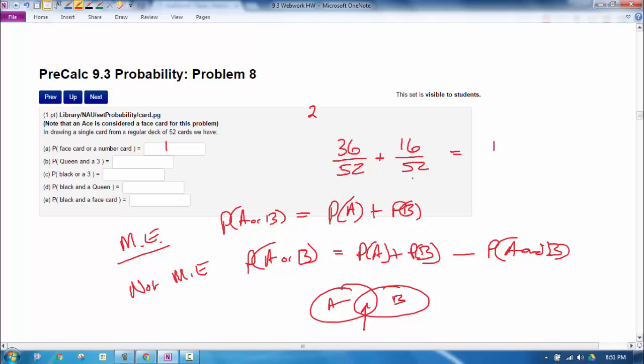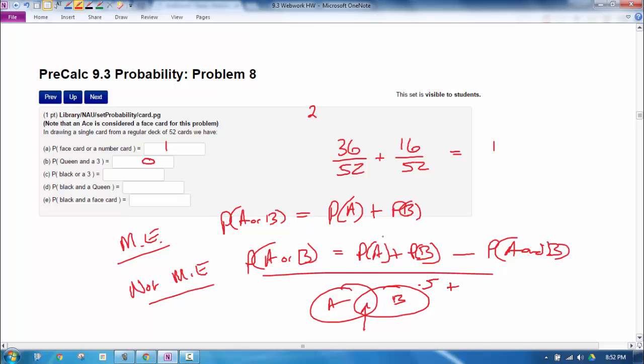And if you think about it, the probability that it's a queen and a 3, well, there are no queens that are also 3, so that's 0. The probability that it's black or a 3, now these are not mutually exclusive because some blacks are 3, so we're going to have to use this. The probability that it's black would be 50% because that's half the deck.